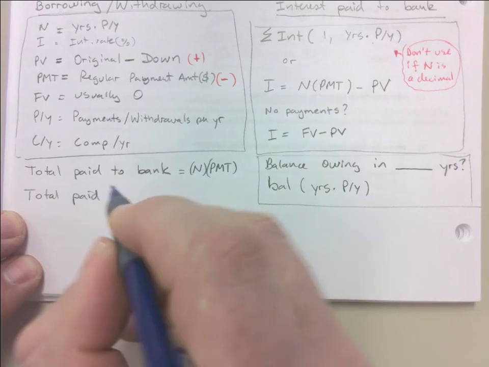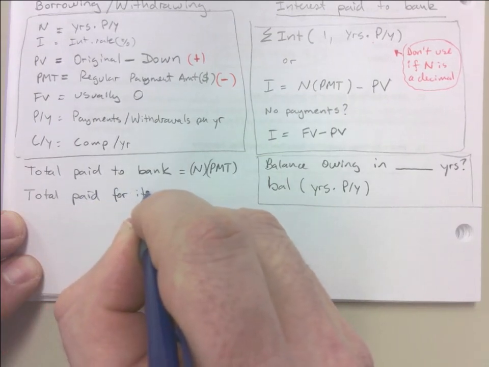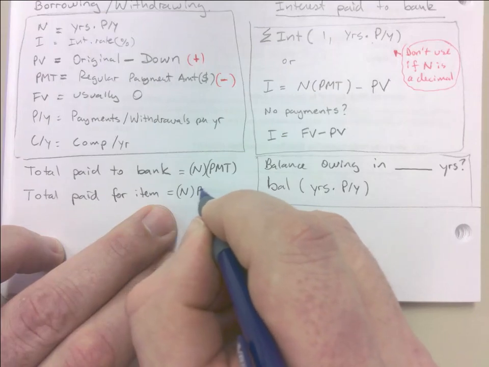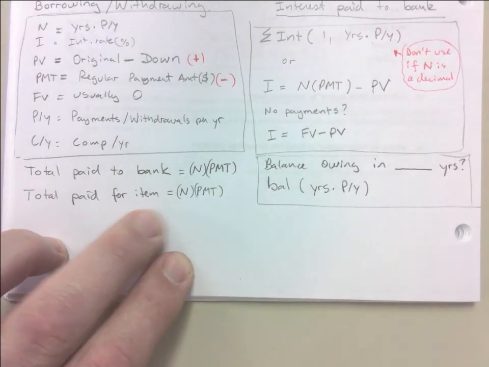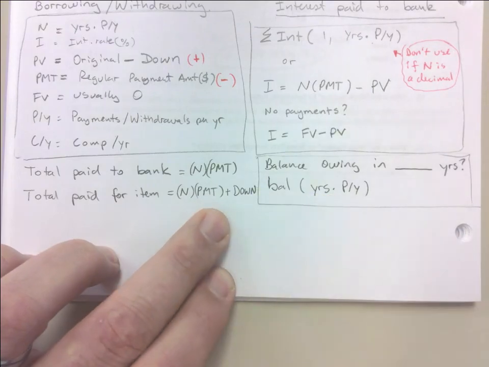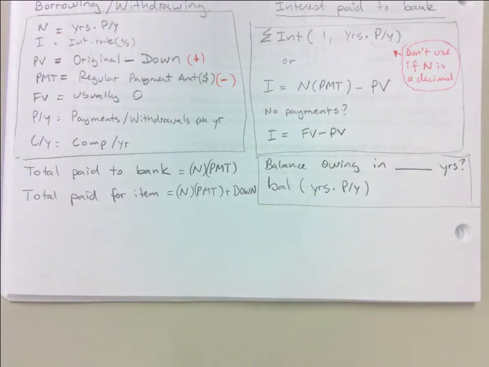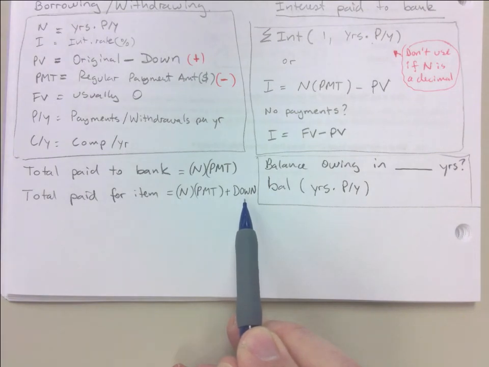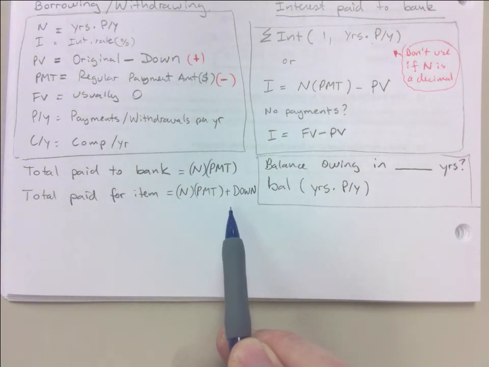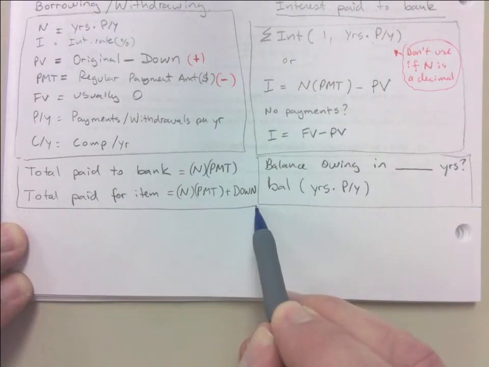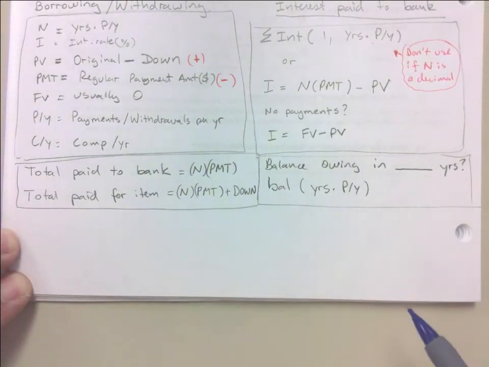Total paid for item is N times payment, watch this, plus your down payment, if there is one. Because you have to say everything you paid the bank plus the down payment. That's how much it costs you to actually own that item. Okay? So those are two formulas there for you. I'm going to kind of box those off. I feel like they're in a category on their own.